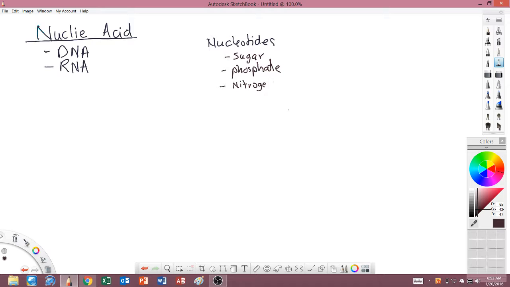Nitrogen base. Very good. So a nucleotide itself is made of 3 components, each nucleotide.